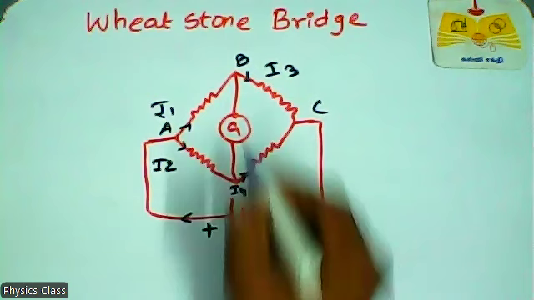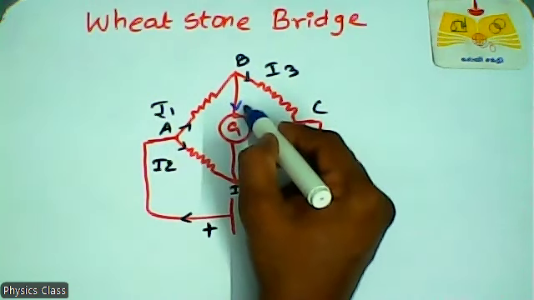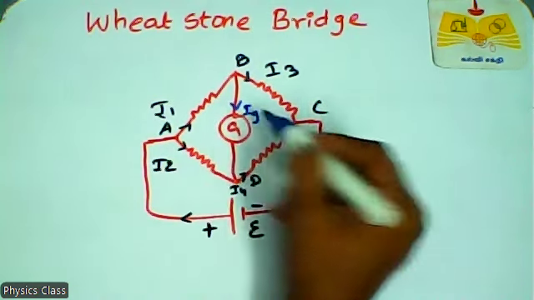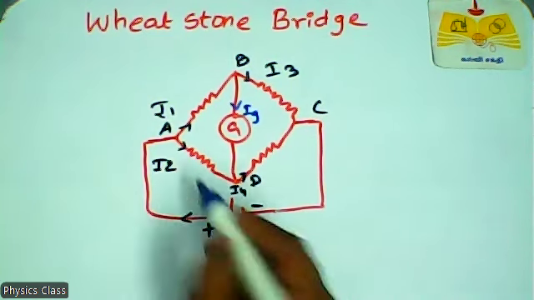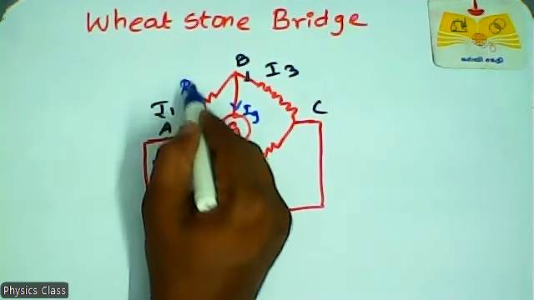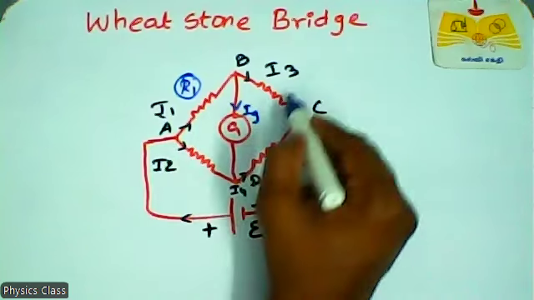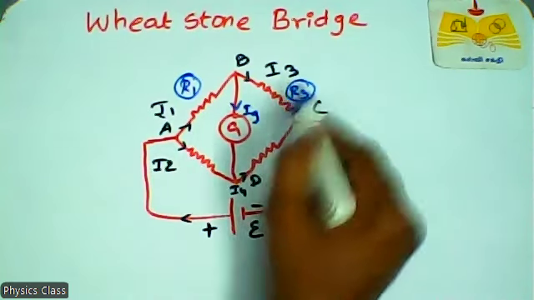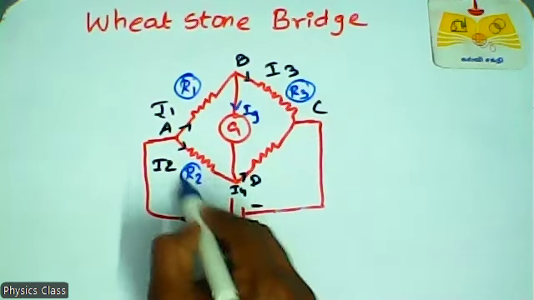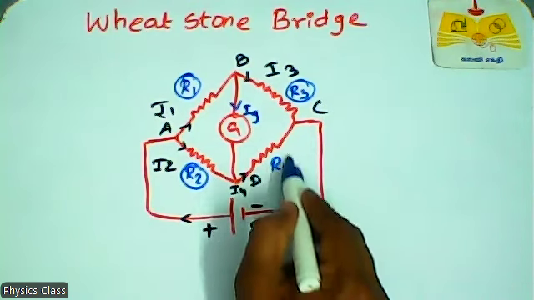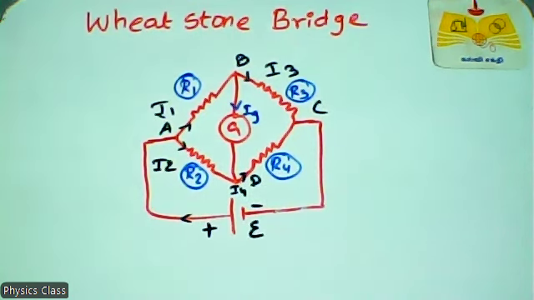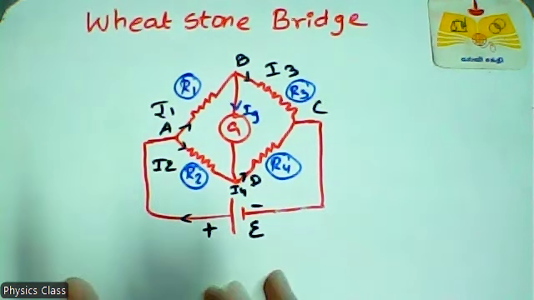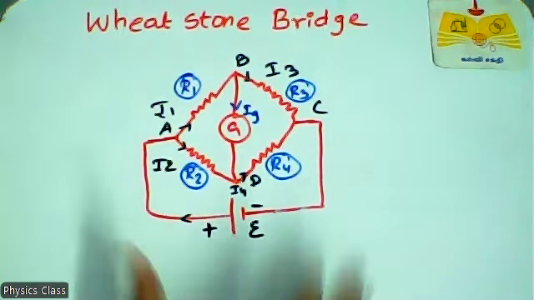The current passing through the galvanometer is called IG, the galvanometer current. The resistances are R1, R2, R3 and R4. So the circuit shown in the figure is called a Wheatstone bridge.